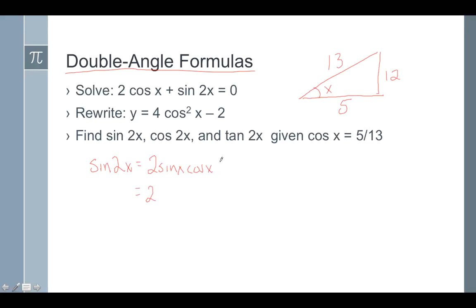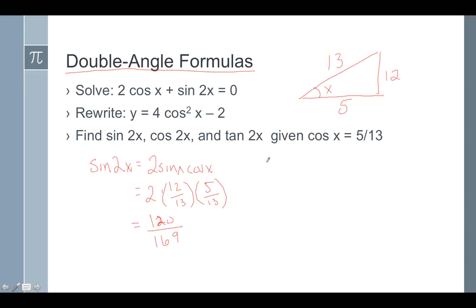And sine x is going to be 12 over 13, and cosine of x is going to be 5 over 13 because we already knew that. So I get 5 times 12 is 60, times 2 is 120, over 13 squared, which is 169.